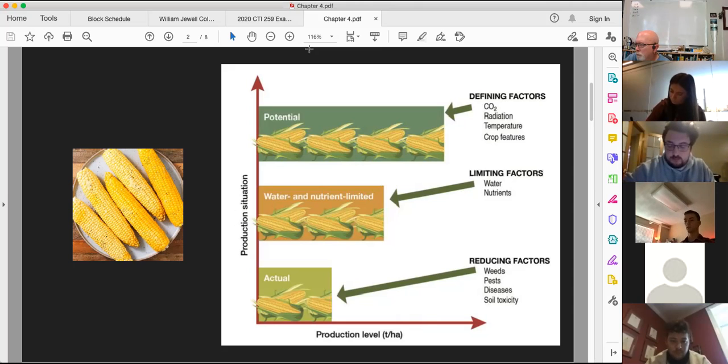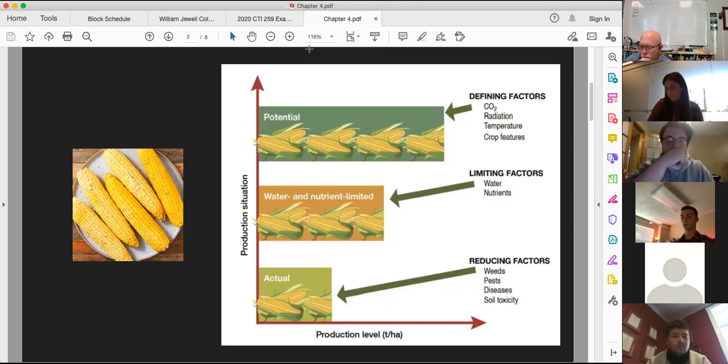The potential yield can be increased by, it gave an example, improving the canopy architecture of the plant to increase the conversion of photosynthetically active radiation. It was a little bit confusing to me, but it was definitely a possibility.